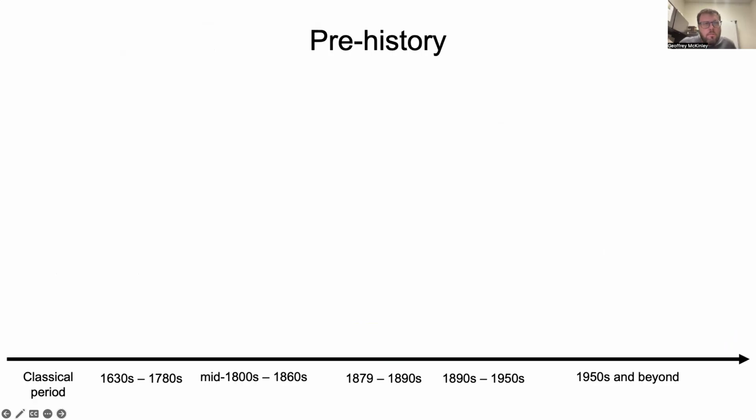To talk a little bit about the prehistory of the cognitive sciences, we start with the philosophy of the mind during the classical period, prior to the scientific revolution.